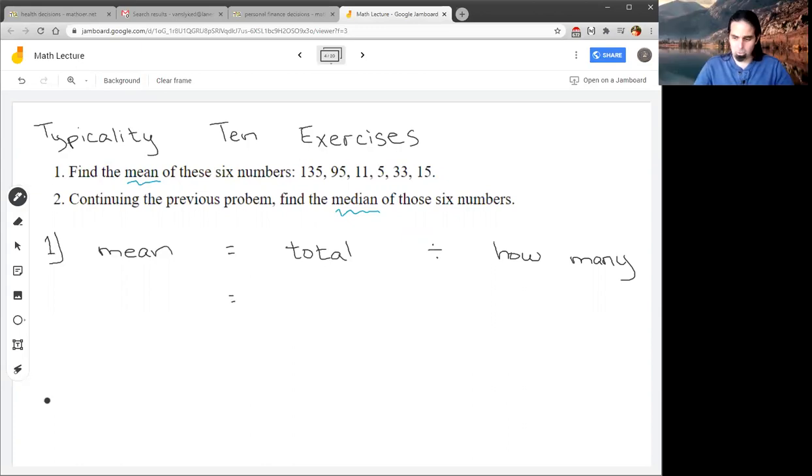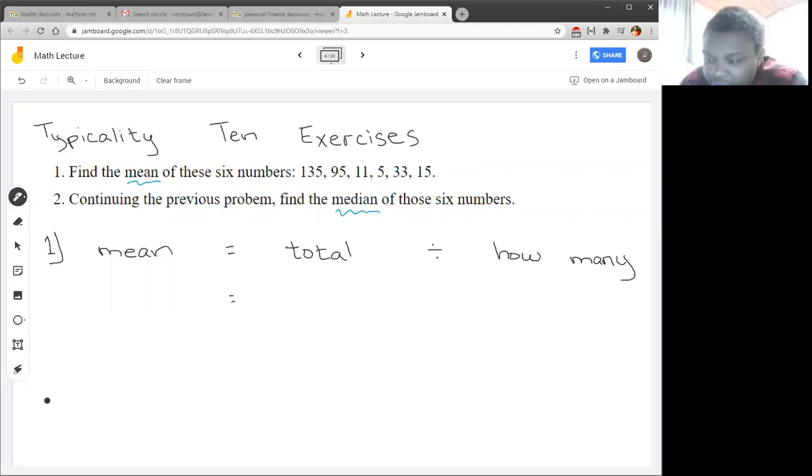I'm not going to recopy them all, but we can add them up on our calculators. Call out or type in chat when you get your total. Would it be 282 if you're rounding?